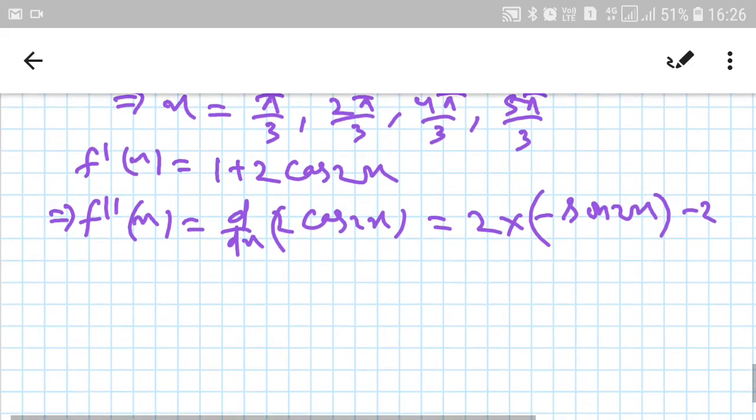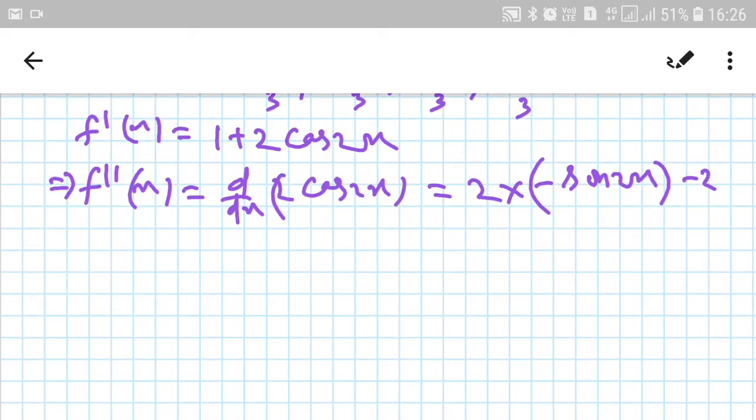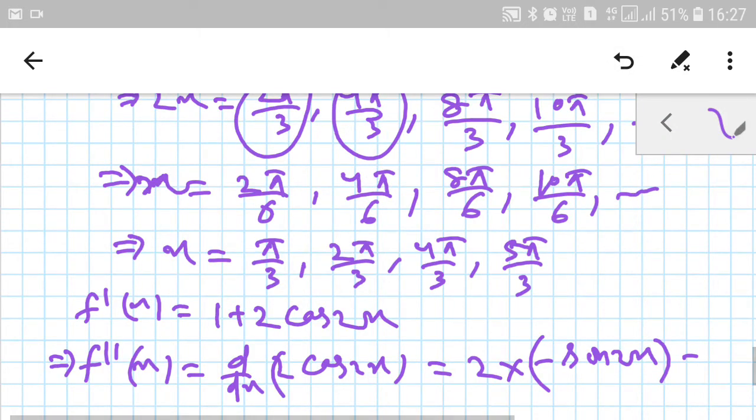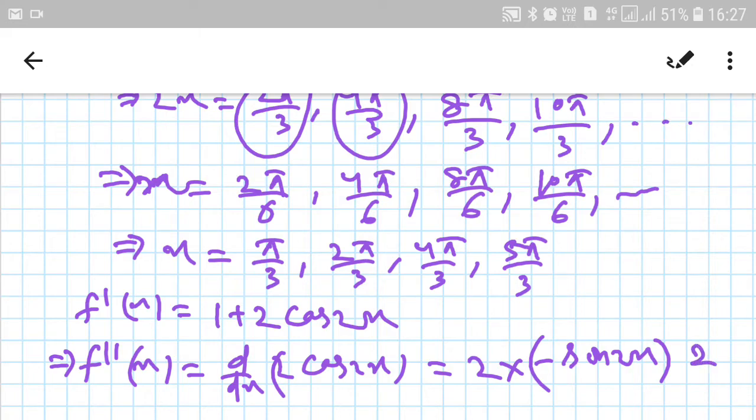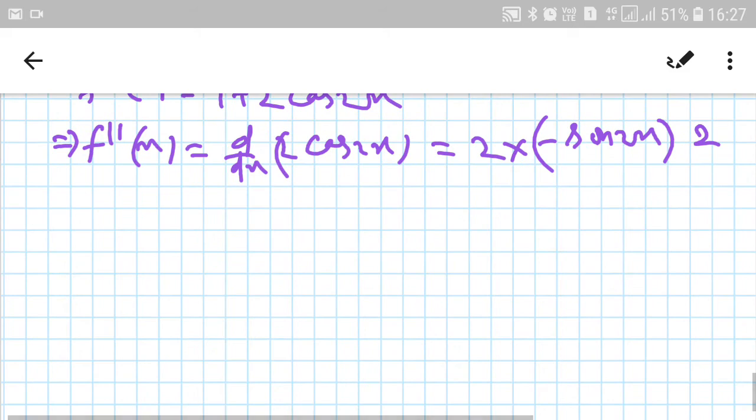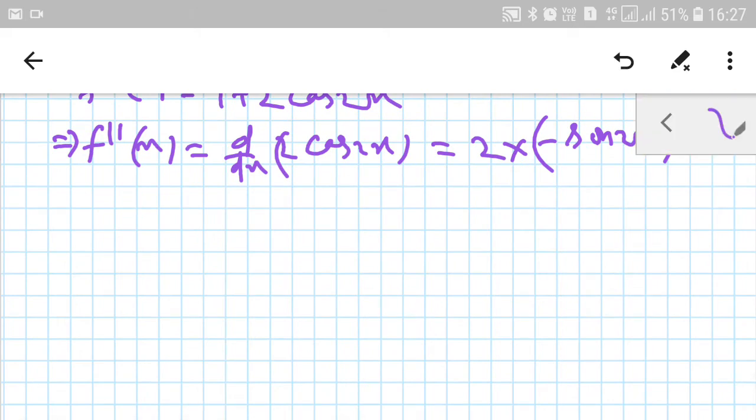Okay, so if I write further, minus sin 2x multiplied by 2. Then I will be proceeding like this. This will be equal to minus 4 sin 2x.